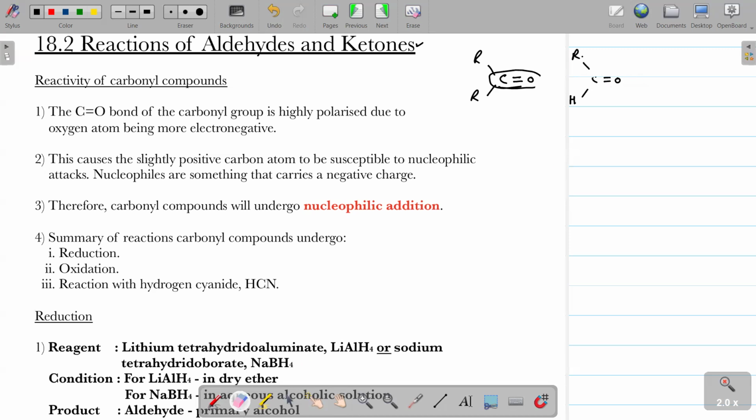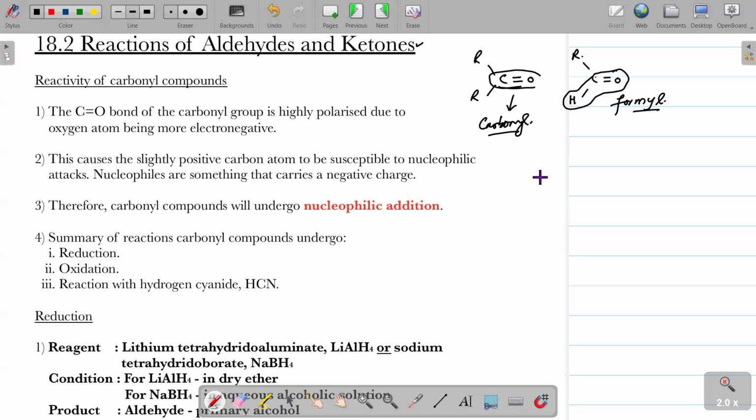For aldehydes, we consider this as a whole functional group, and the name of this functional group is formyl group, while this one is called carbonyl group. Clear? But the similarity is in their reactions. This functional group, basically the carbonyl group, is responsible for their reactions.